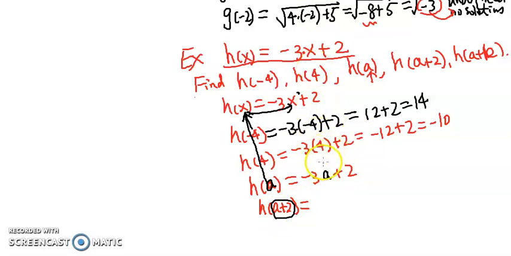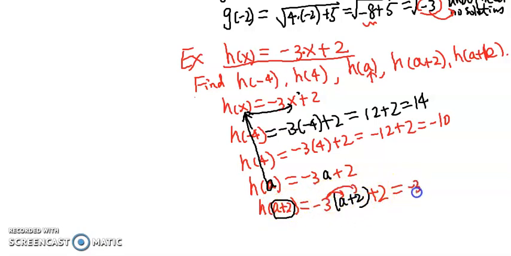We keep negative 3, but when I see x, I'm going to replace it with A plus 2, because whatever is in the parentheses corresponds to the letter x. And I'm going to keep plus 2. So the only thing you're going to change is that letter x. X is the variable that varies, that changes depending on whatever is in the parentheses. So now we can simplify this.